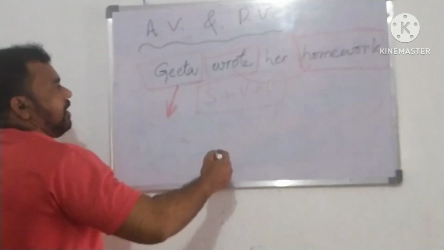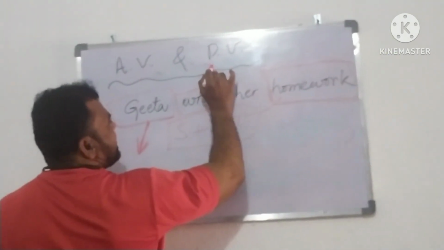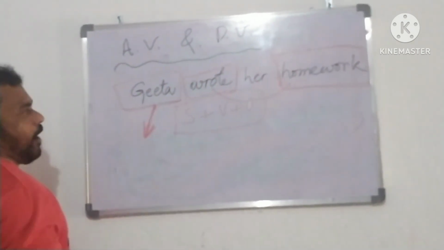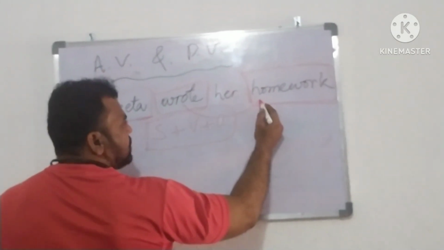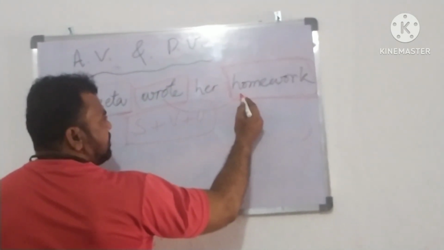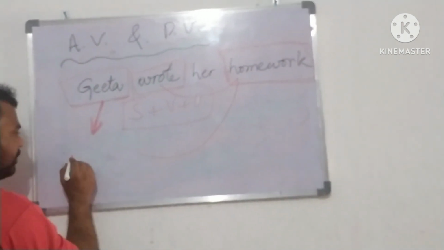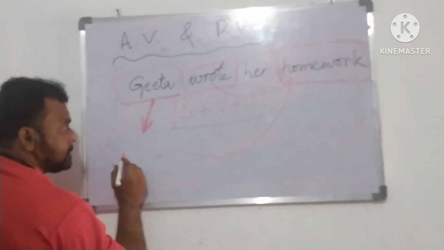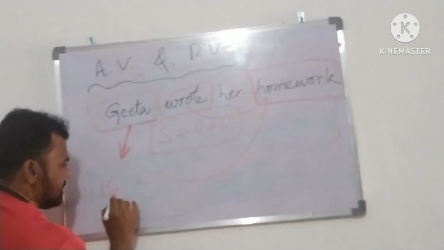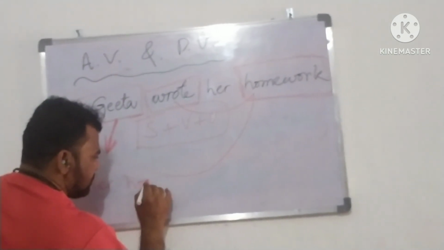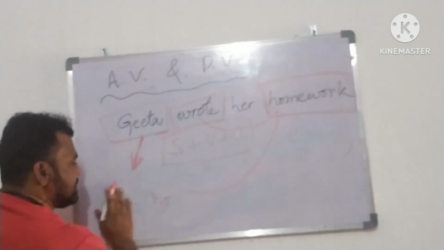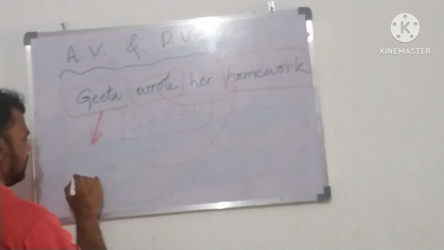Now whenever you want to change the same sentence into passive voice, we have to make the object the subject. For example, her homework.